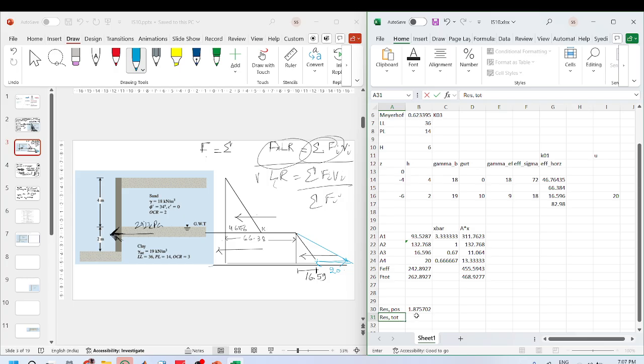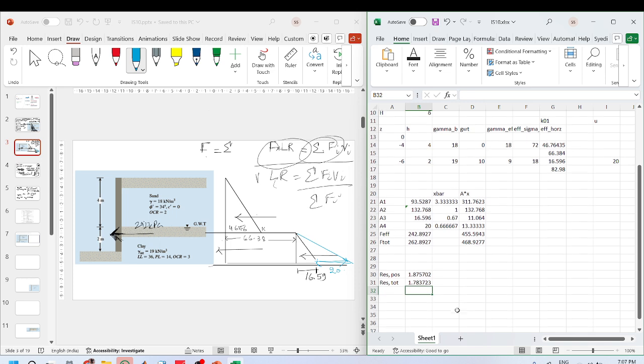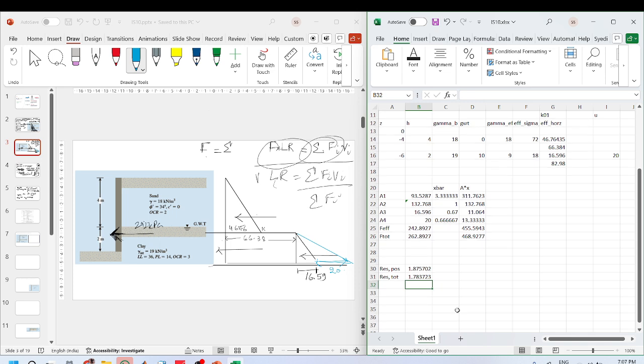The resultant for the total stress will be at almost 1.78.